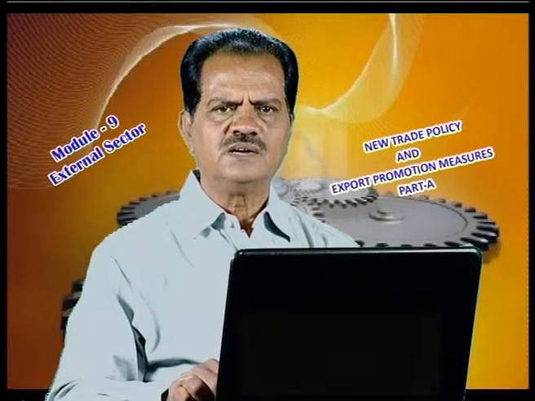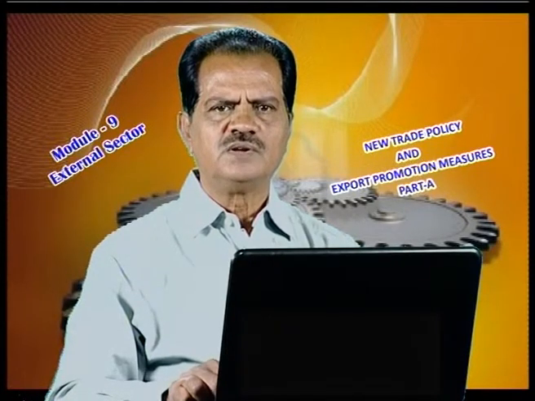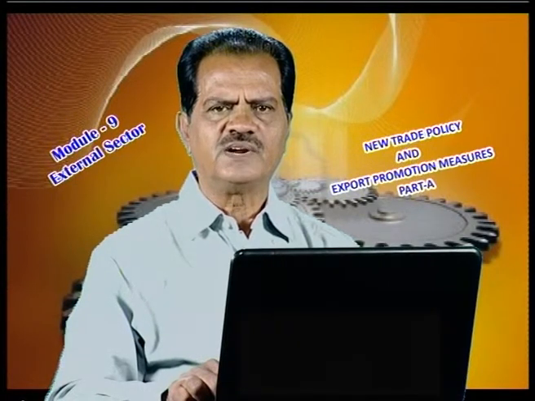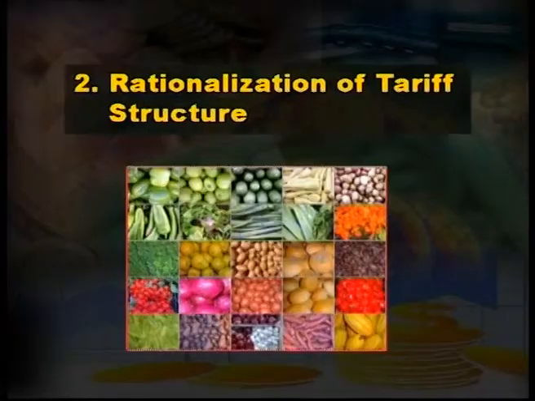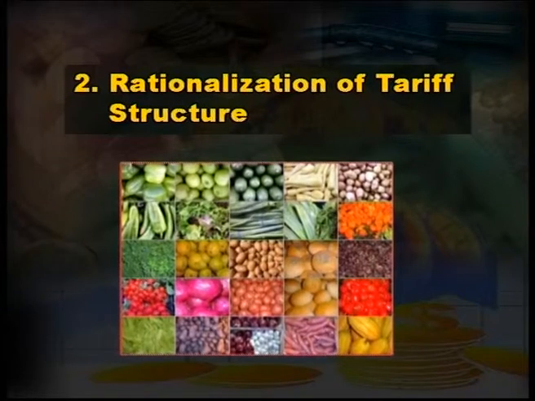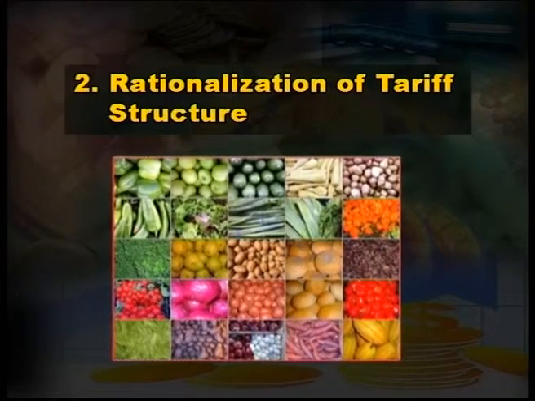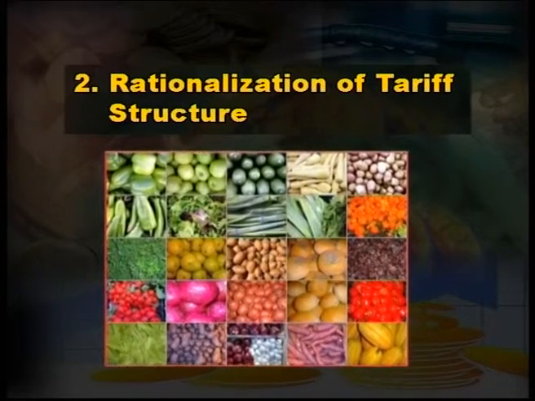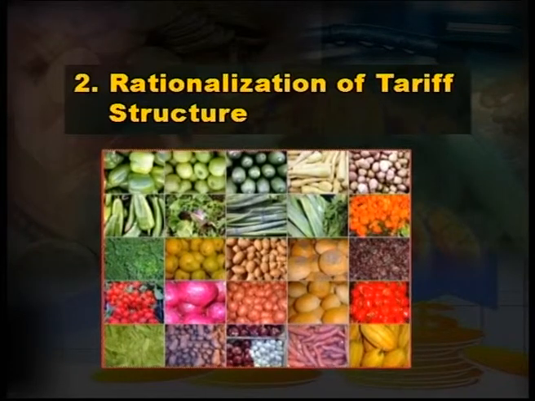And this, as I said earlier, not only affected the regulation of trade, but it also affected the income that the government was getting earlier. Now the second is that of tariff structure, rationalization of tariff structure.